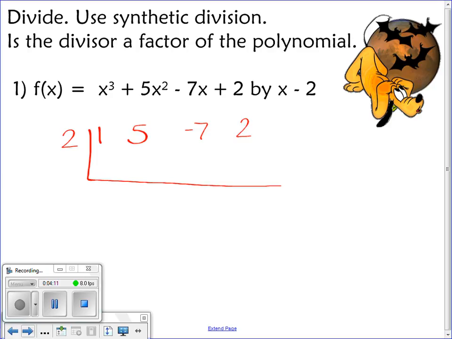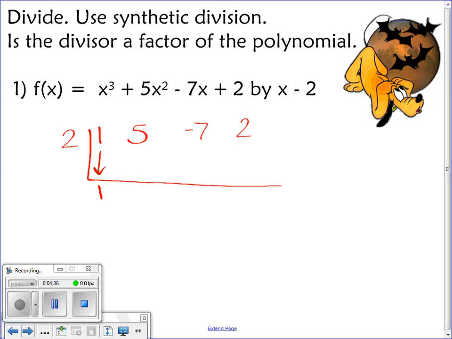You know with long division I have to change my signs constantly? You just changed your sign. Don't have to worry about it anymore. So if I ask you to divide by x minus 2, I'm dividing by just 2, because the answer would be 2. You will take whatever that first number is, and I always draw an arrow there just as a space filler, and drop it straight down.